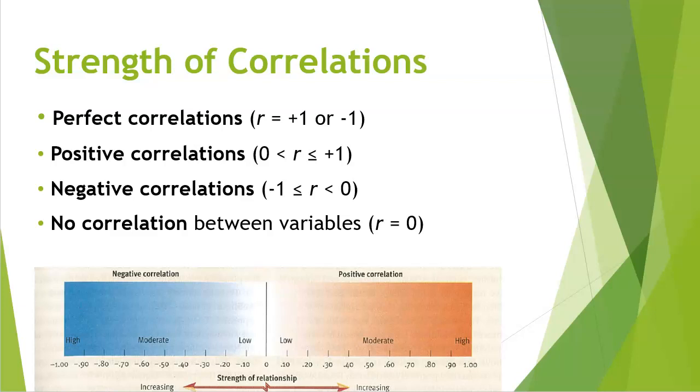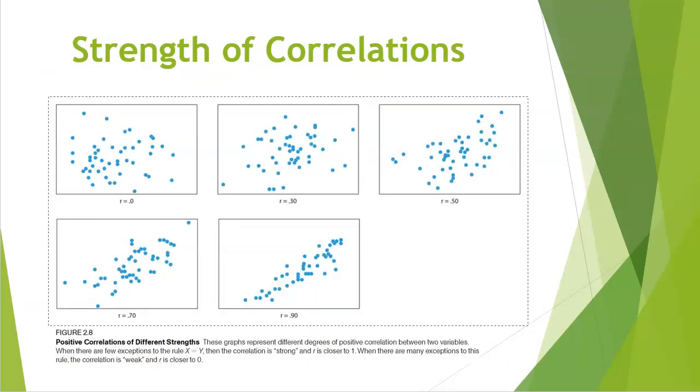So how would you graph that? Here's an example of some graphs. When we're graphing it, how we get the R is what we call a line of best fit. So you're trying to draw a line through the dots that best connects or represents all the dots. With an R of 0 on the top left-hand, there's really no line you can draw that would represent all the data in just one solid line.